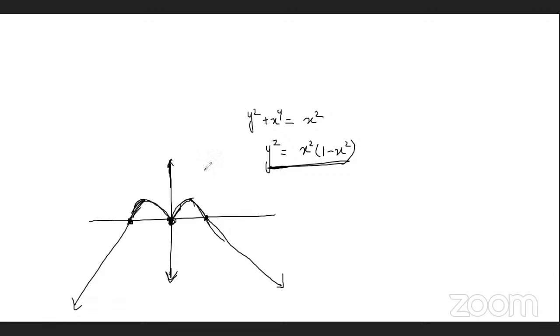If you have to find the area bounded by this curve and the x-axis, then this will be the area. This is the area you can find simply. So that is y equal to plus minus x into root of (1 minus x square).